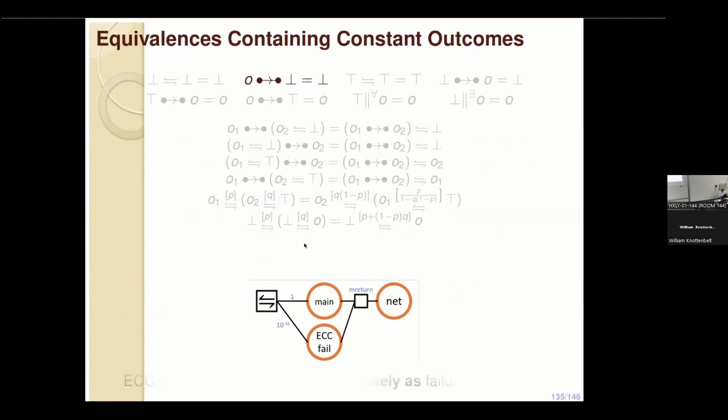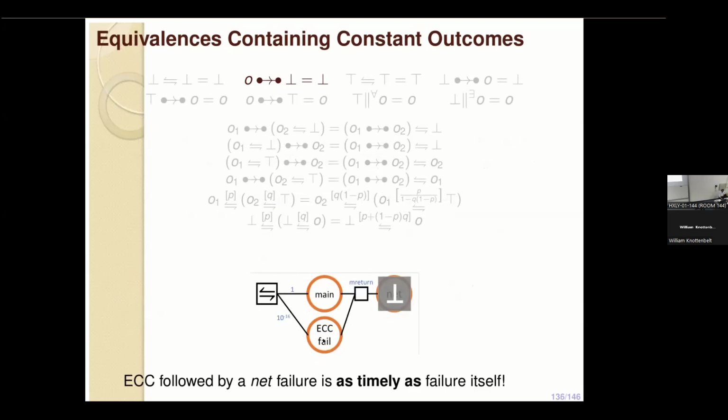So if, for example, the network fails, your response will never come back. The way to read that is that it's just as timely as a total failure itself.